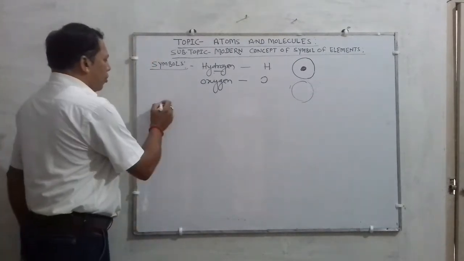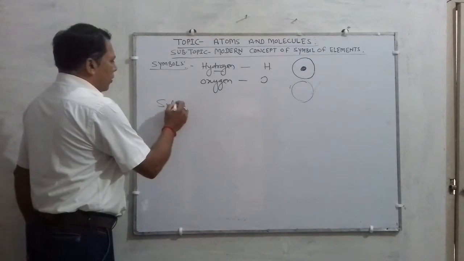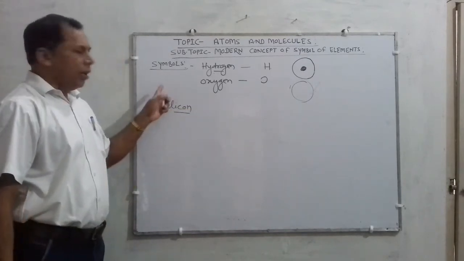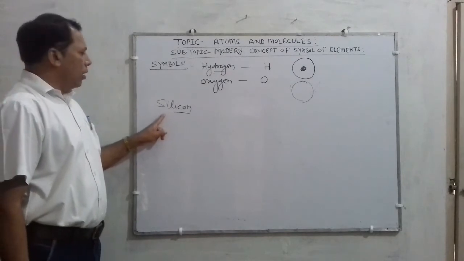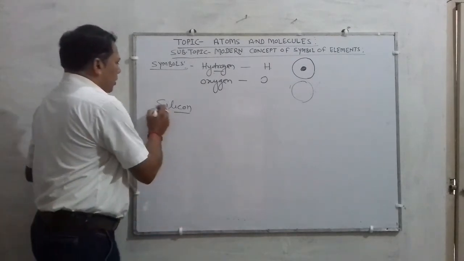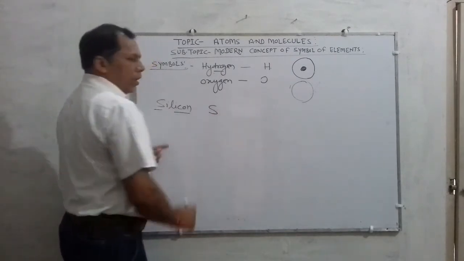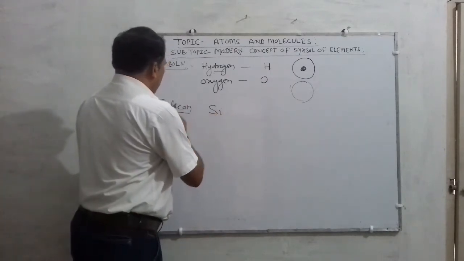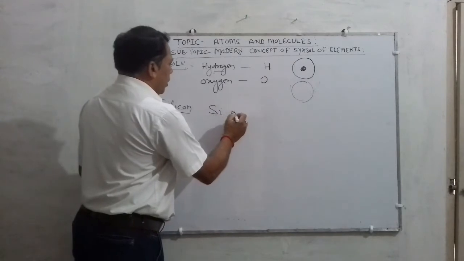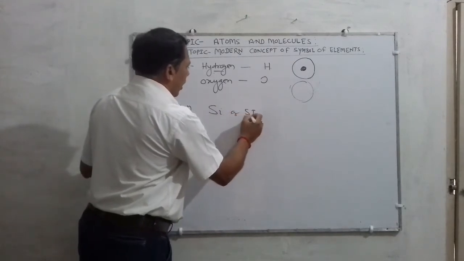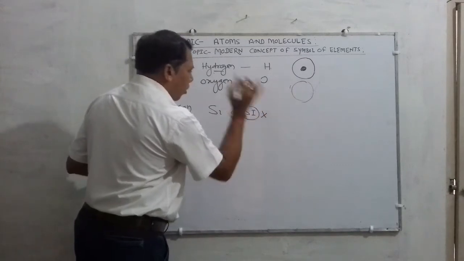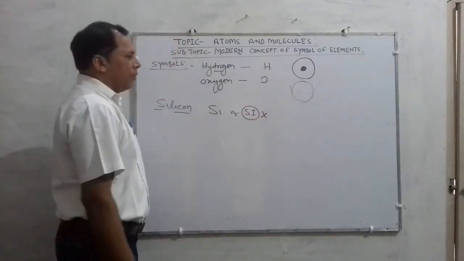Suppose we have to represent the element silicon, children. The meaning behind this point is that the first letter, S, should be in capital and the second letter should be small, so Si, not SI. If you write the symbol of silicon as SI, it will be a wrong representation of the symbol of silicon.